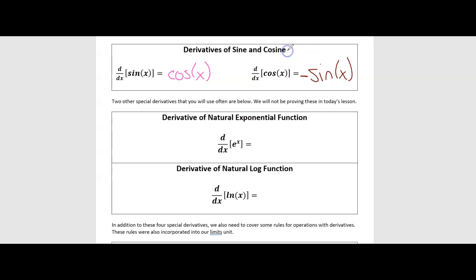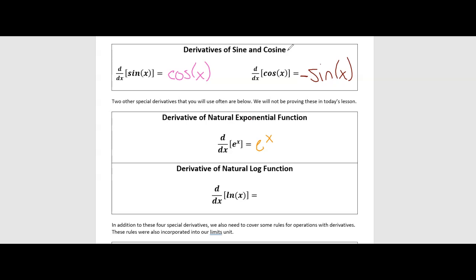Now, the derivative of the natural exponential function, so e to the x, is, this one's nice, it is equal to itself. So pause the video, take a minute to think about what that means. See if you could explain that to someone in words. What does it mean if the derivative of a function is equal to the function itself?